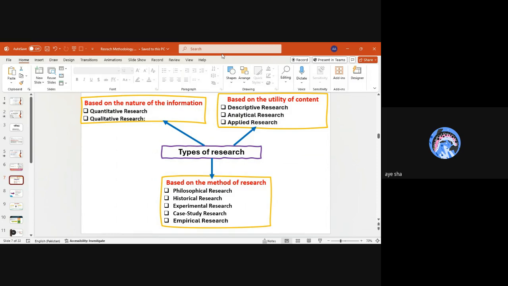And then we have the empirical research that actually focuses on the observation, that focuses on the experience without giving much importance to the theory or any system. For example, if you want to study the impact of air pollution on respiratory health in any area, XYZ, ABC. So here you will study the relationship between the air pollution level and occurrence of the respiratory disease.